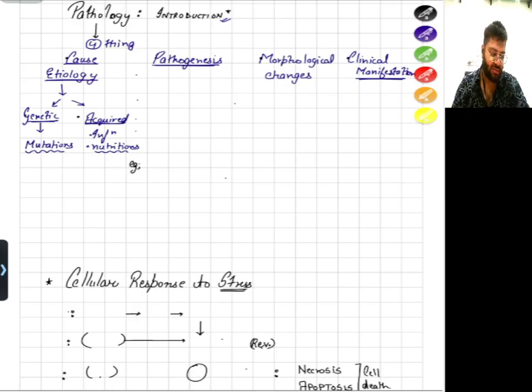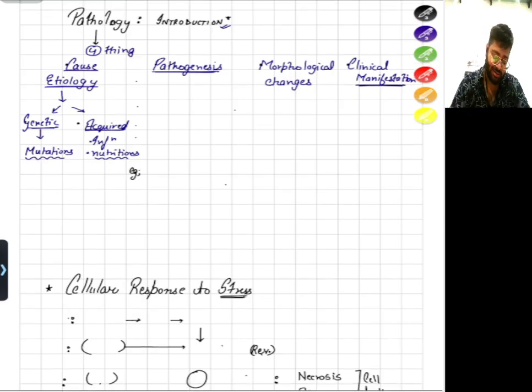The pathogenesis. What is in pathogenesis? Let's say there is an injury or trauma or stress, whatever you want to say. After an injury, what are the cellular changes, the changes which occur at the level of the cell? What are the biochemical changes in the cell itself?